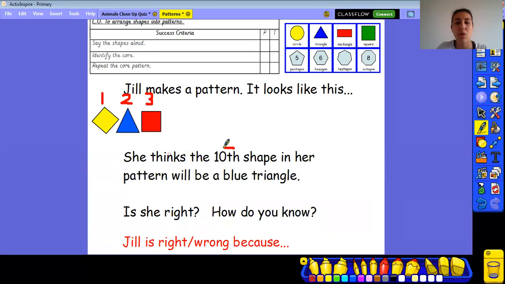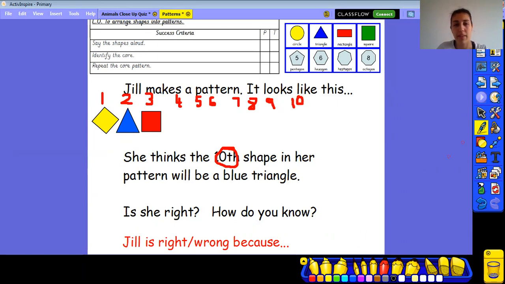Now I want to get all the way to my 10th shape. So I need to do 4, 5, 6, 7, 8, 9, and 10. There we go.